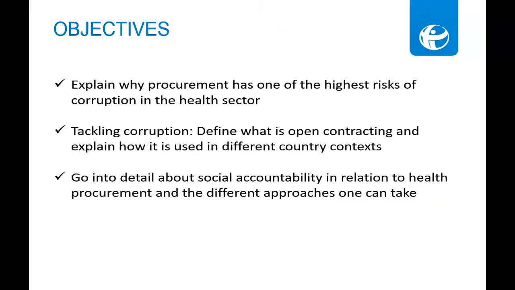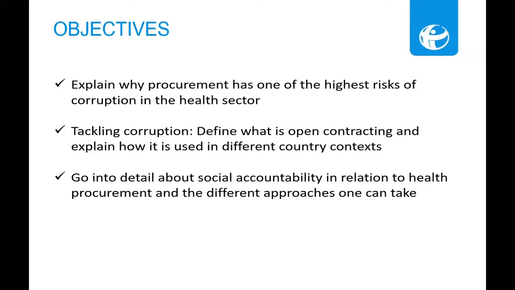So, what do I want us to achieve in this webinar? We have three main objectives. The first is to explain why procurement has one of the highest risks of corruption in the health sector, and also go into what effect that has on the health system as a whole. We want to talk about how to tackle corruption in health procurement, and through this, we're going to define what open contracting is and explain how it is used in different country contexts.